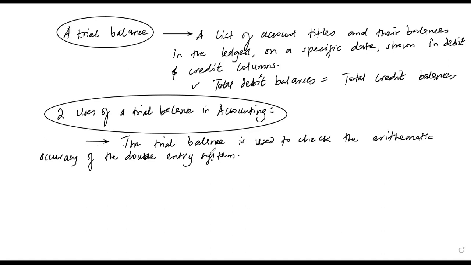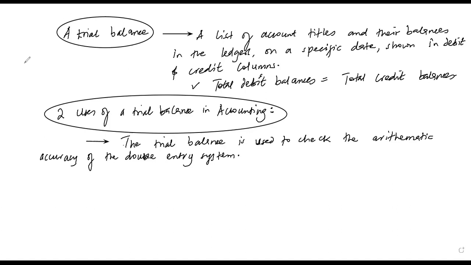If you want to check if all the debit entries have corresponding credit entries, then we shall have to prepare the trial balance, and it can help us to check the arithmetic accuracy of our double entry system.